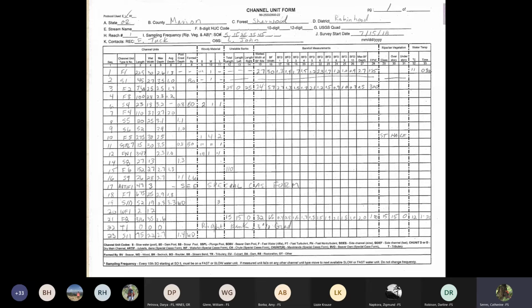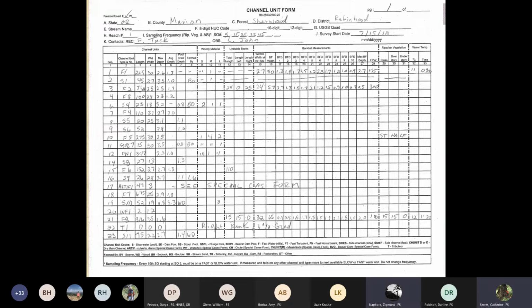So I would code it as a plunge pool. It's so sloppy, I can't even see what it is. And that's a really important thing: having a clean data sheet, especially for those who are going to be doing data entry, you'll understand how important it is. It's usually best to have the person who has the best handwriting be the recorder.